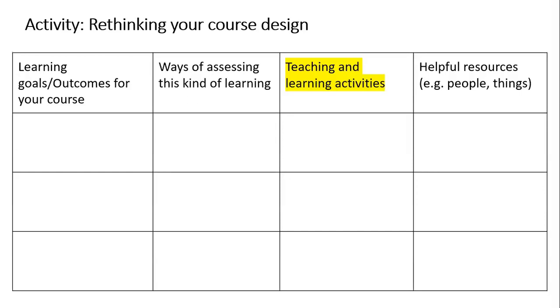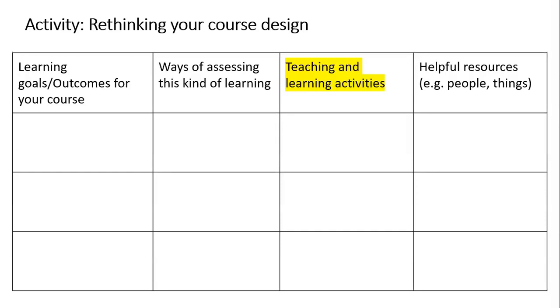And so I would like people just to take some time. I'll give you 20 minutes to work on this. So you will just rethink your course, and take 1 or 2 learning outcomes.